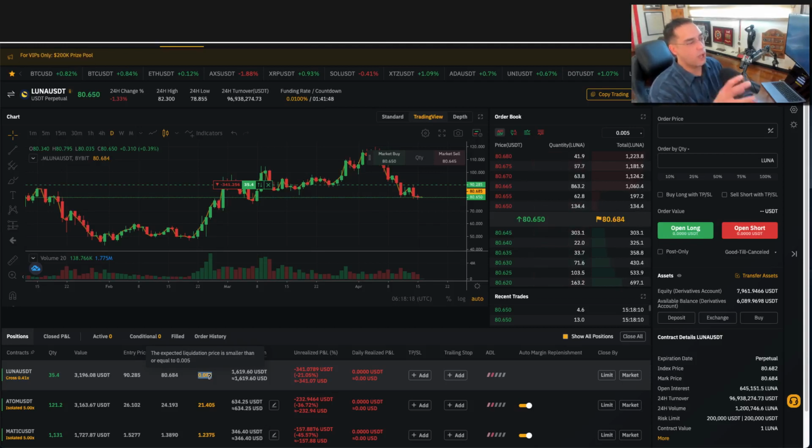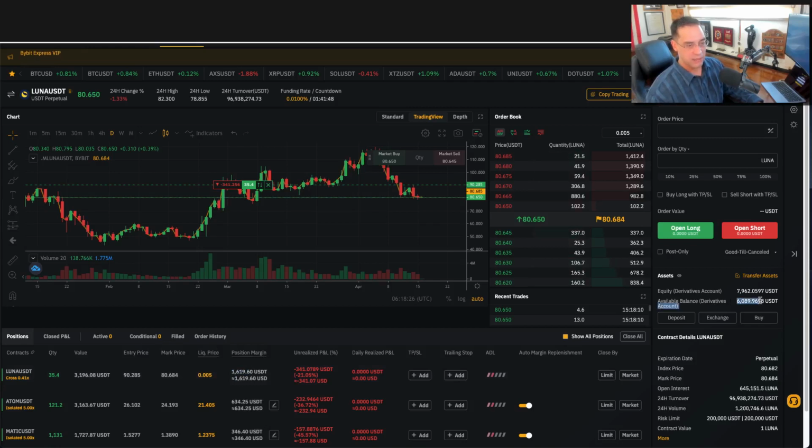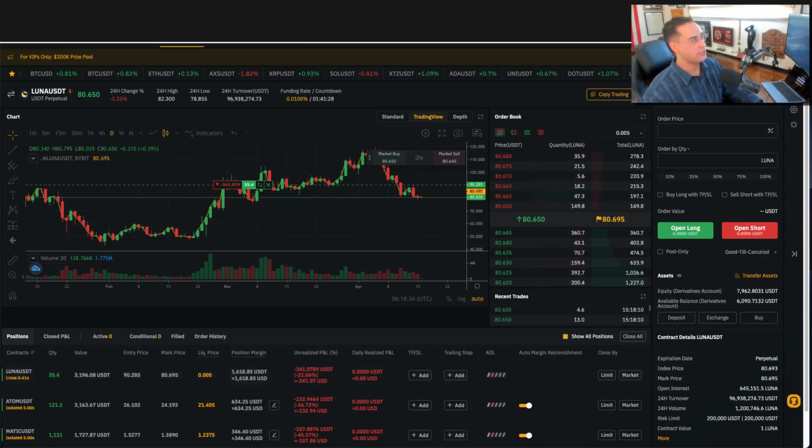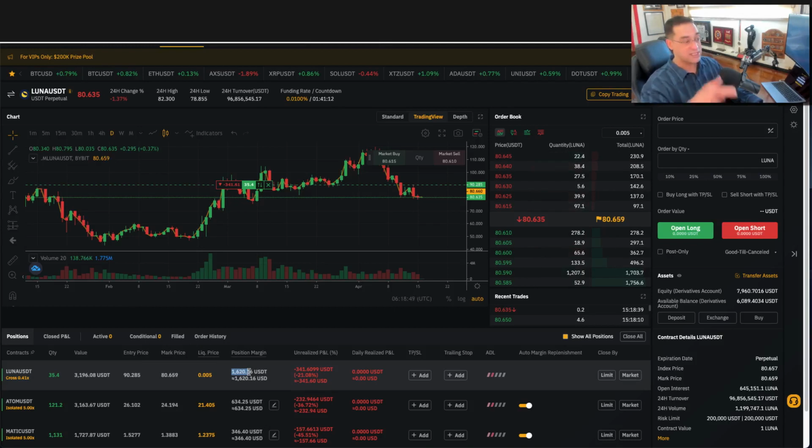And the reason it's at a half a penny now is because I'm now using this entire balance to maintain that trade. And you might go, whoa, Kevin, that means if you lose this, you can lose all your money. And you would be correct. You could lose all your money, or not all of it, but you could lose a substantial amount of money if it hits that liquidation and uses your available balance.